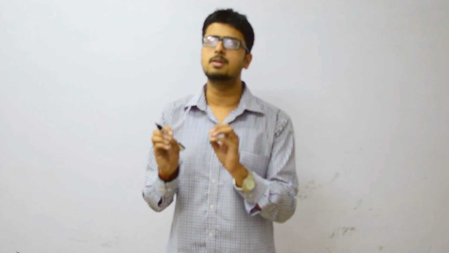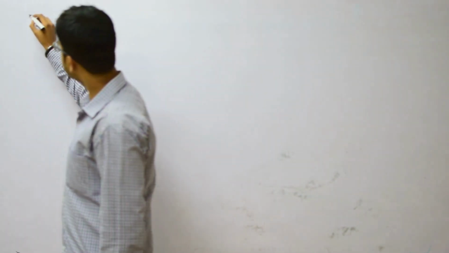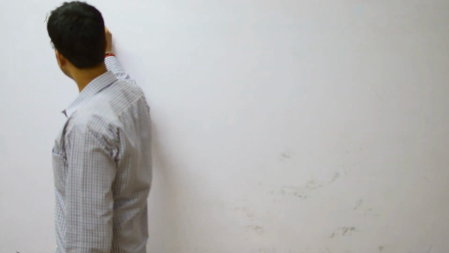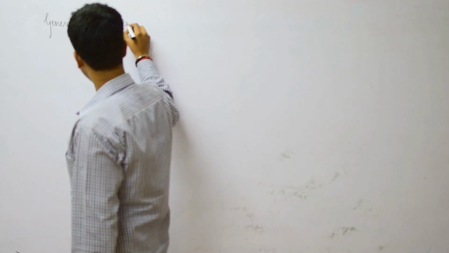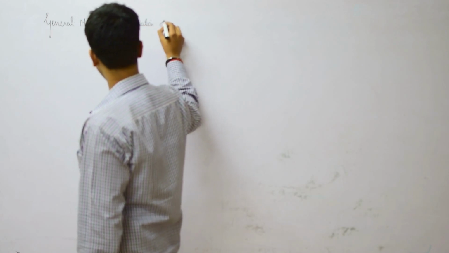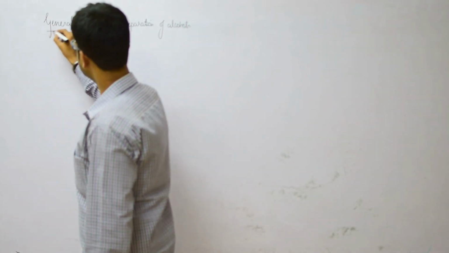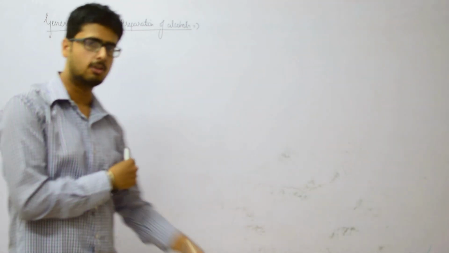And today we will see 5 general methods of preparation of alcohols. So we are going to discuss some of the general methods which are generally used for the preparation of alcohols.